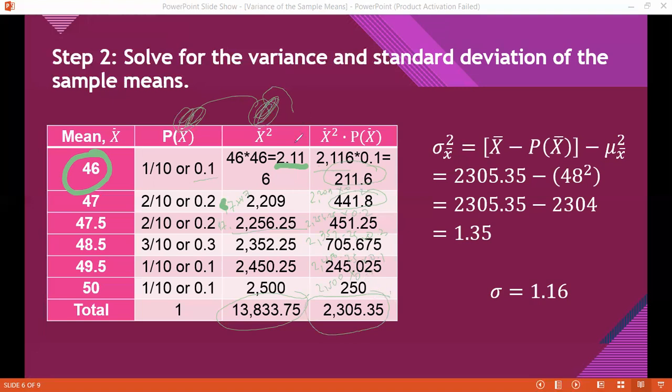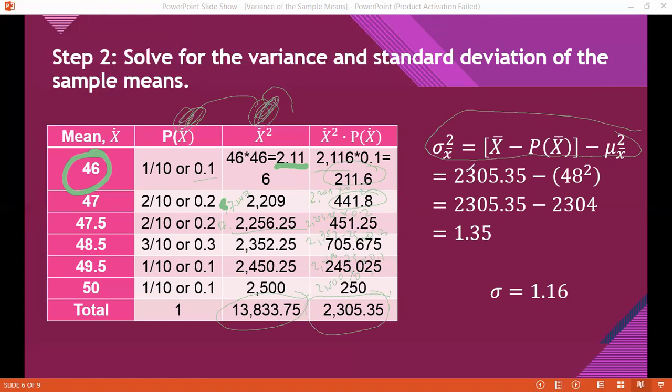Afterwards, you will use these values in order to solve for the variance and standard deviation of the sample means. Using this formula, substitute all the values that are related to this one.